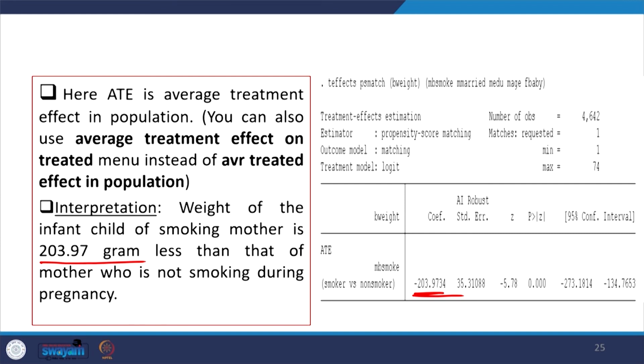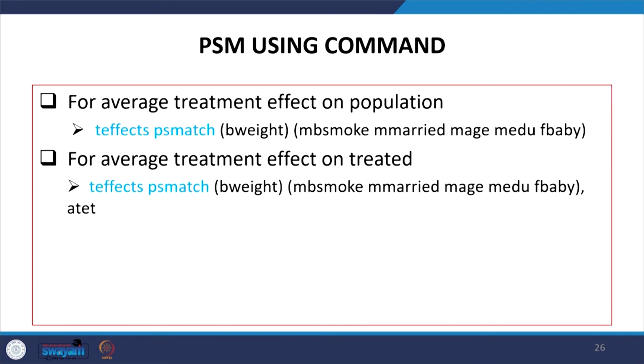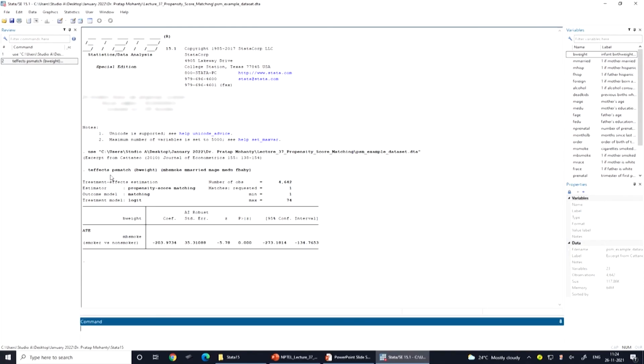You can also take note of the number of observations. Usually the number of observations should be higher in the PSM method. The same command which I have just shown you is highlighted here. The command is teffects psmatch, propensity score match, by birth weight.